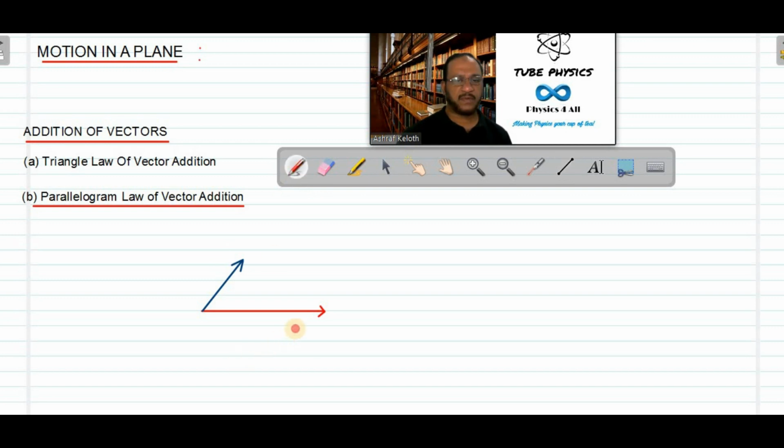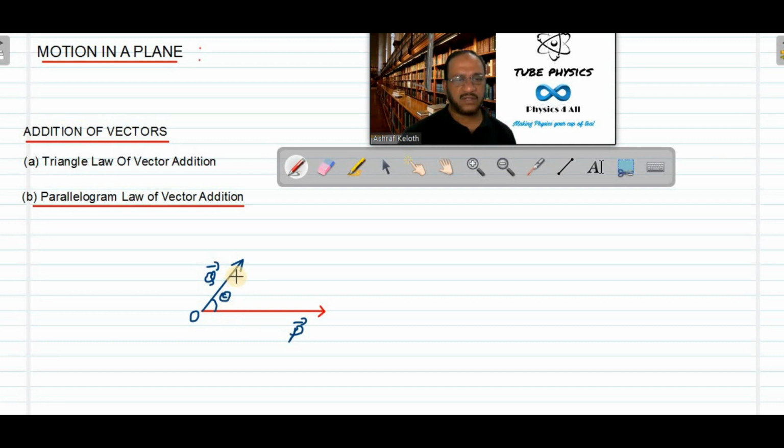This is vector P, and this is vector Q. They are acting at one point with an angle theta between them. This is the angle between the two vectors, theta. It can be two force vectors or any other vector. They are acting at a point O.